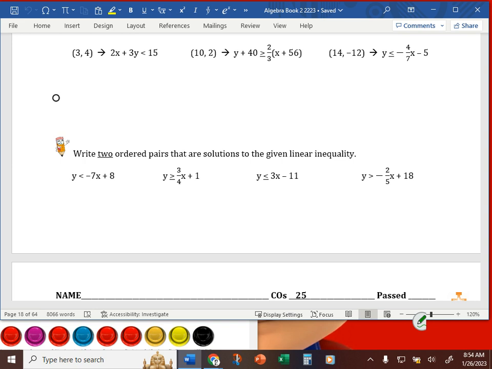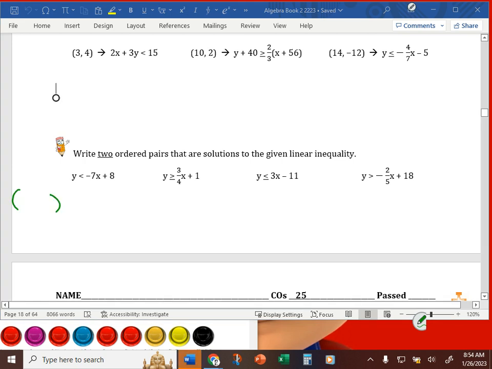What's an ordered pair that is a solution to y is less than negative 7x plus 8? Pick a number. Anything you want. 6. Okay? So in our first ordered pair, we've chosen y to be 6. So 6 is less than negative 7x plus 8.